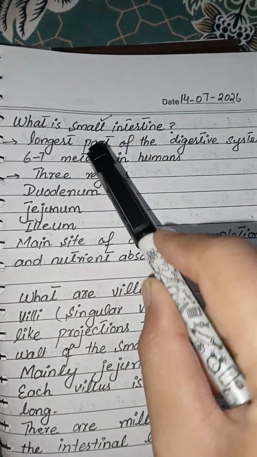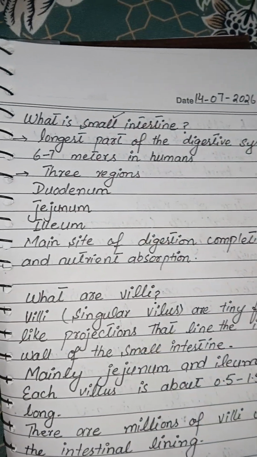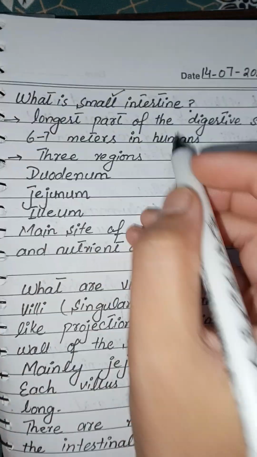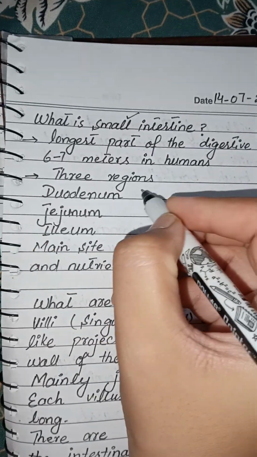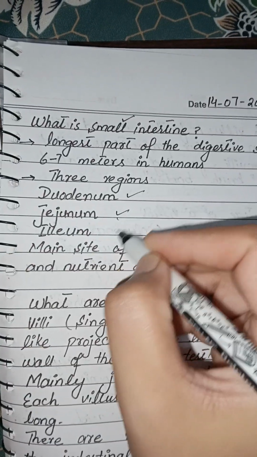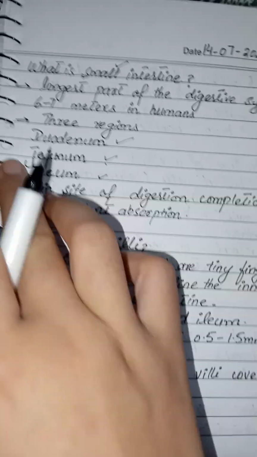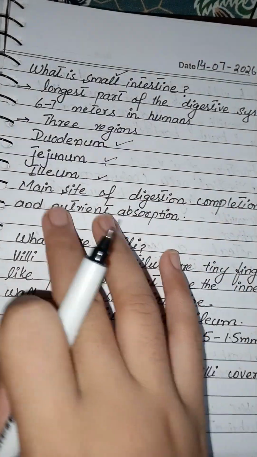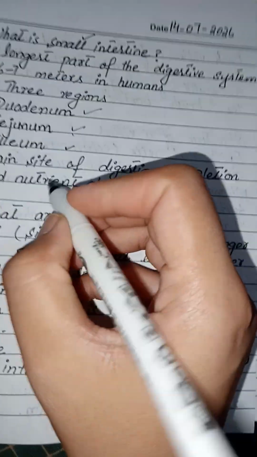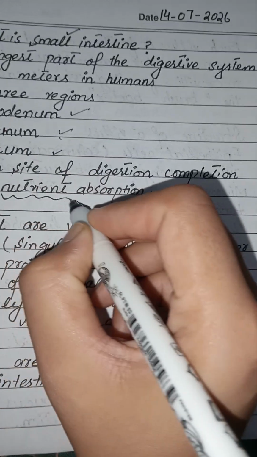There are three regions of the small intestine: duodenum, jejunum and ileum. This is the main site of digestion completion and nutrient absorption, as I discussed in the previous lecture.